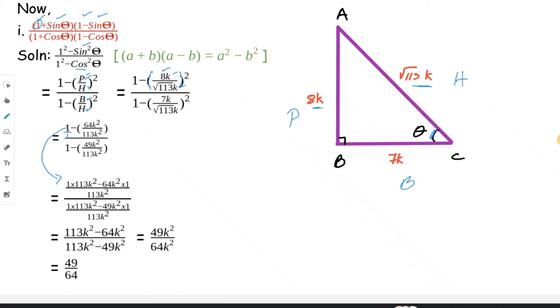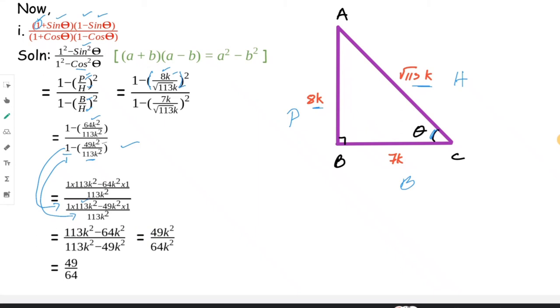Alright, so we're going to do the same thing again. What is my second numerator now? The second numerator is 64k square, which I have written here. Then 113k square, how many times 113k square? 1 time, right? So that's how I'll get it. Now same thing again here, LCM will be again 113k square. Right, so remember, like I said, 1 is here, so let's write it in the first numerator. I've written the 1, then 1, how many times 113k square? 113k square times.